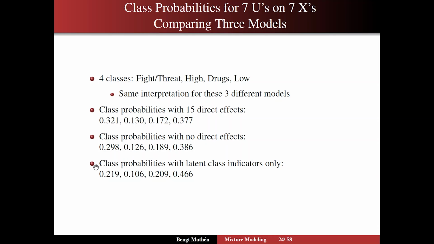But if you do what's often done, compute the class probabilities based on the latent class indicators only, that's certainly what we do in multi-step analysis, where the latent class indicators constitute the measurement model, which we use in the first step. Then you have a bit lower class probability for the first class and a little bit higher class probability for the last class.